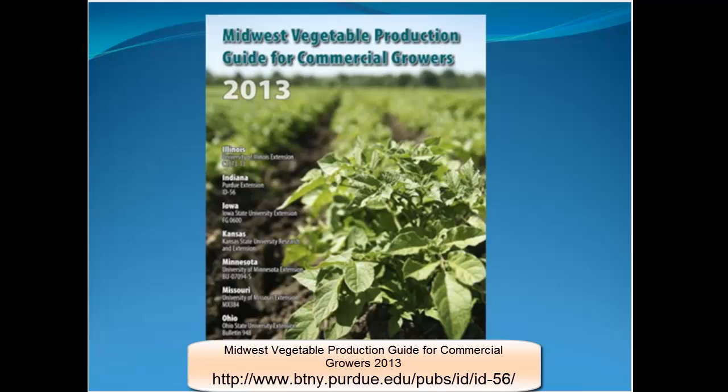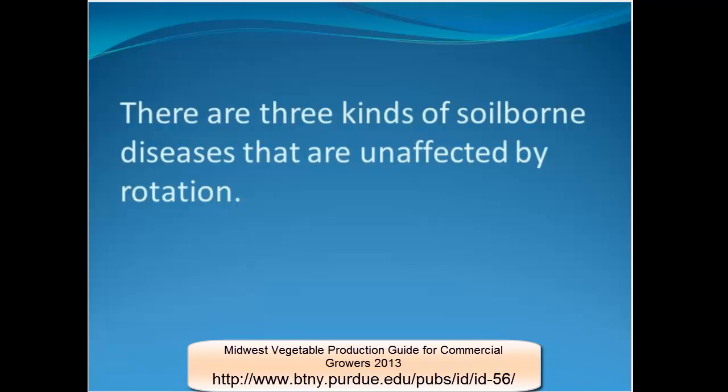This is the publication that was referred to in terms of talking about crop rotation and its benefit. This is the Midwest Vegetable Production Guide for Commercial Growers. And in it, it talks about this phenomenon of there being 3 kinds of soil-borne diseases that are very little impacted or unaffected by crop rotation.